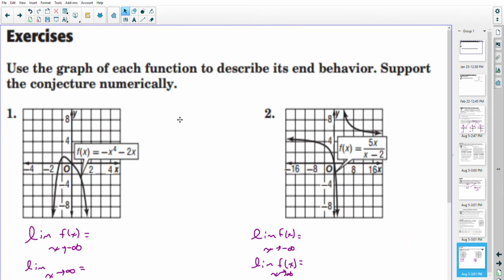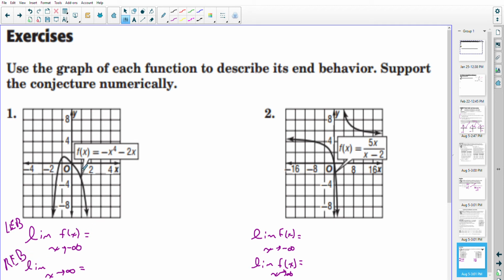Looking at these two graphs, first of all, the question is what is your left end behavior and what is your right end behavior? Now, left end behavior, again, is going to be where your x goes to the negative direction. And so that would be this first one. This is your left end behavior. And this would be your right end behavior as it goes to the positive direction.